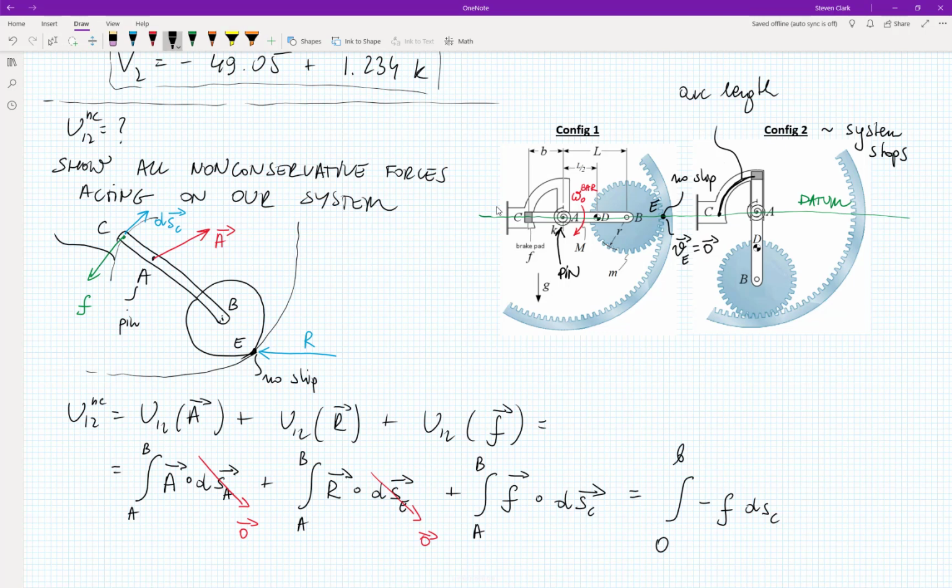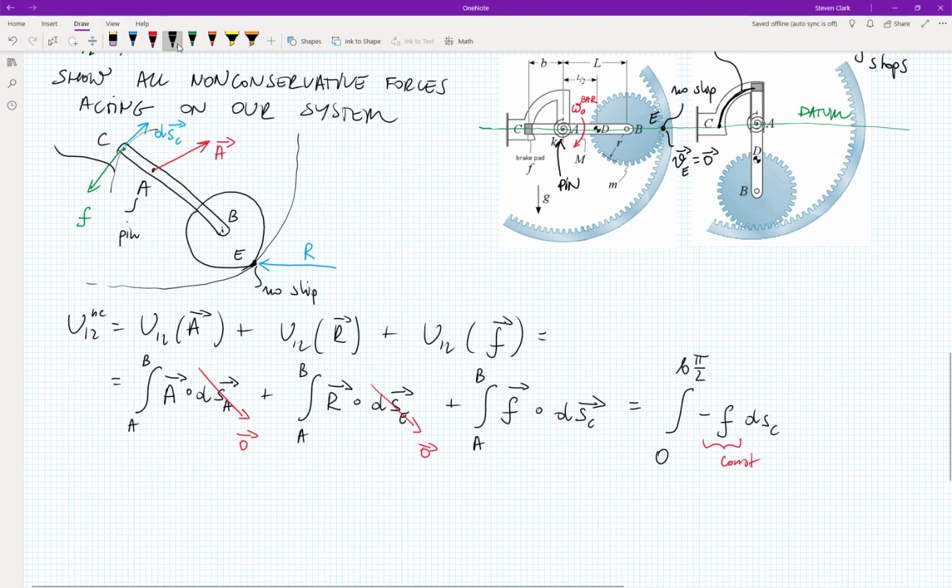Exactly. It's b times pi over 2. Yeah, I needed a distance, didn't need the angle. Awesome. So arc length is b times pi over 2. And f is constant because they told us that f is constant, so calculating that integral will be super simple. Our U12 non-conservative is equal to minus f b pi over 2.